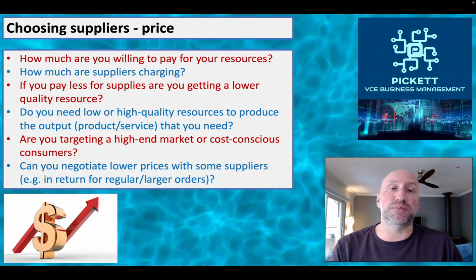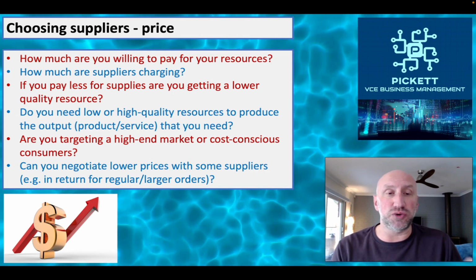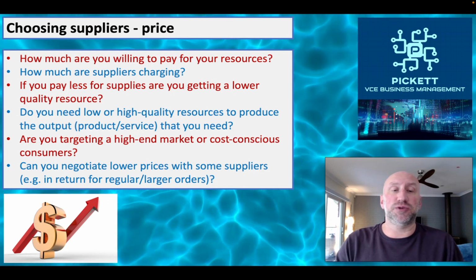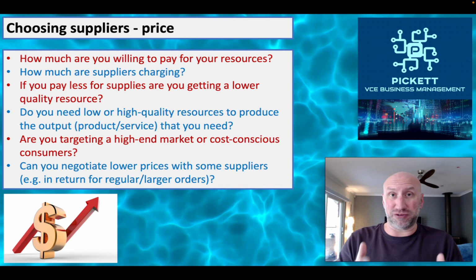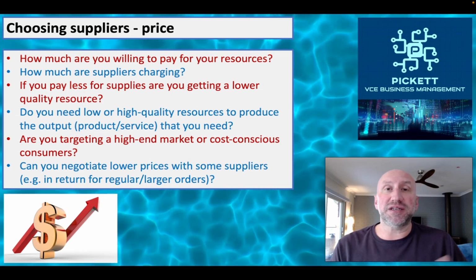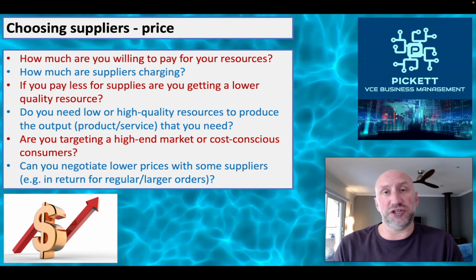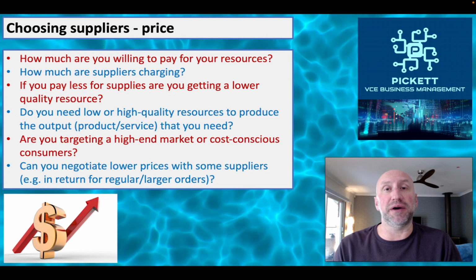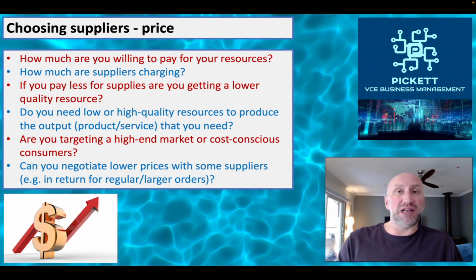If you pay less for supplies, are you getting a lower quality resource? Do you need low or high quality resources to produce the output, in other words, that product or service again, that you need? Are you targeting a high-end market or cost-conscious consumers? Can you negotiate lower prices with some suppliers in return for larger orders?